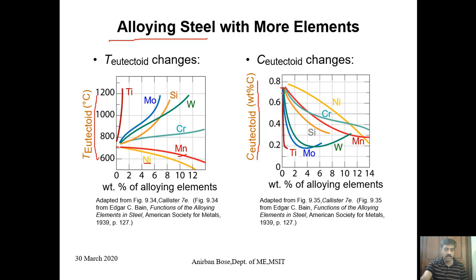It is going from 0.76 to 0.6, 0.4, even lower than that for very high percentages of nickel, manganese, or chromium. So these are basically the effects of alloying elements in the iron carbon equilibrium phase diagram.